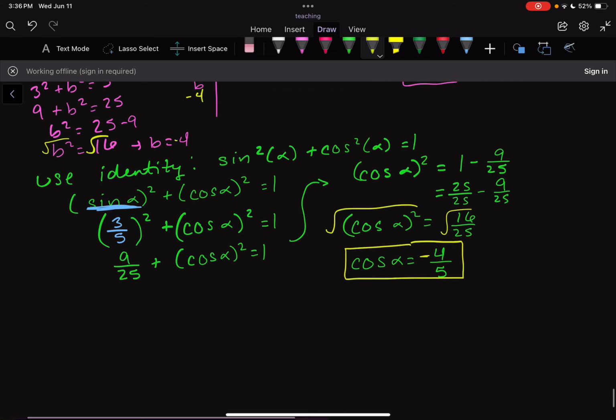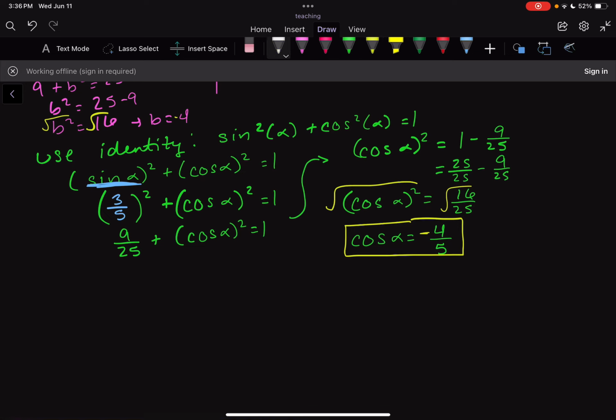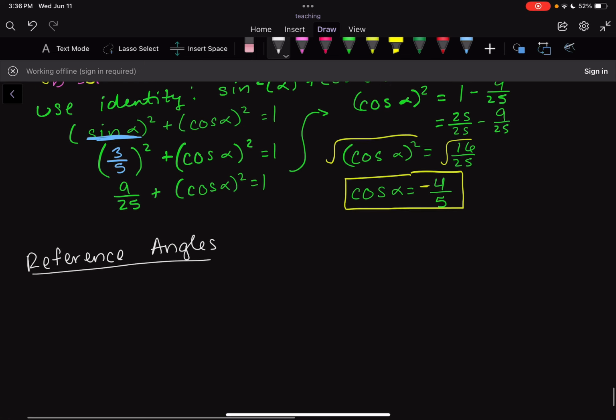Next, we're going to talk about reference angles. So I'm going to write you the definition. Of course, I always call these the mathy definition. It says if theta is a non-quadrantal angle, that just means not 0, 90, 180, 270, 360.